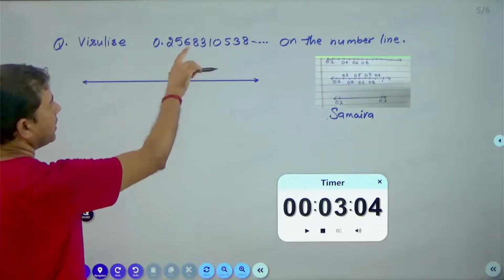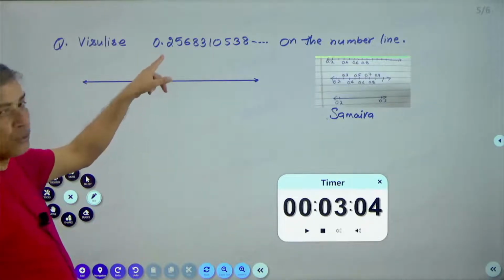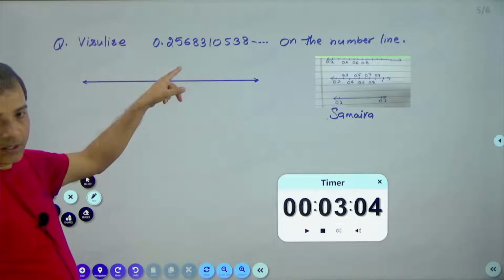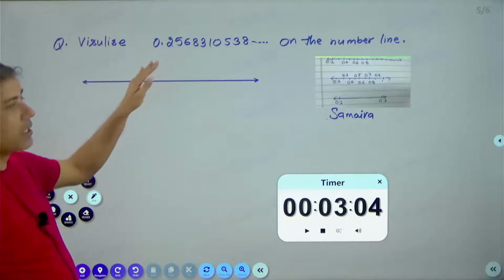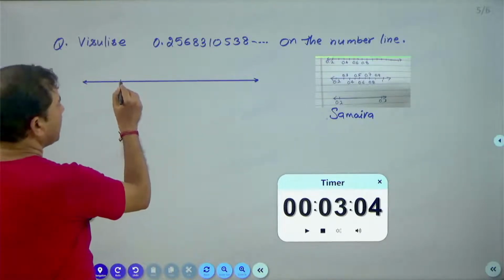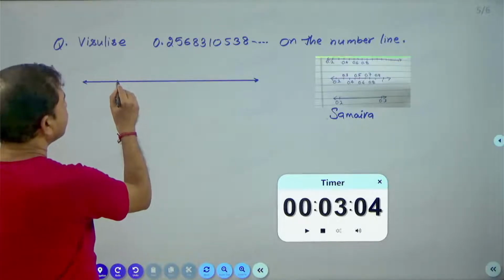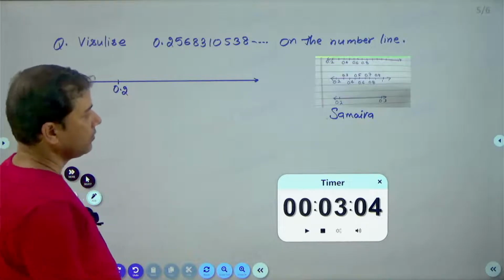This number is more than 0.2, right? More than 0.2, lesser than 0.3. So I'll take 0.2 here. Sir, I have also. Okay, very late.